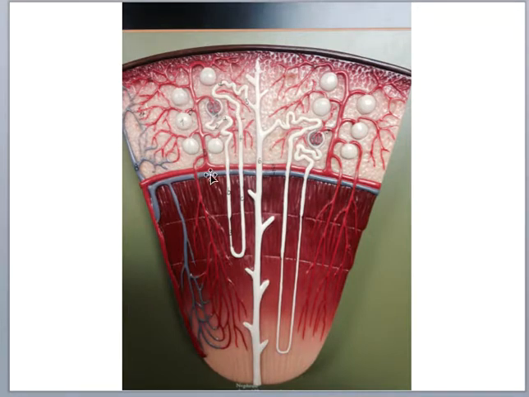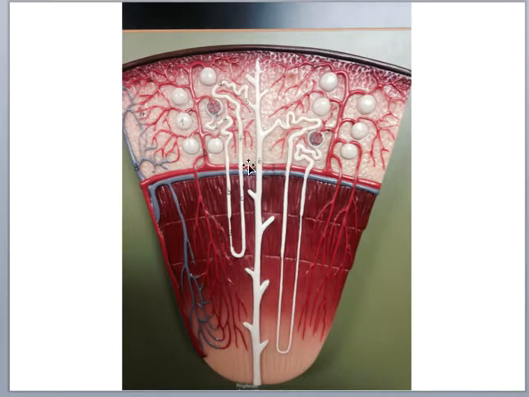You can see that this nephron would be a cortical nephron, because the majority of it is found in the cortex. Only a small portion of the loop of Henle dips a little bit down into the medulla, into the renal pyramids, whereas for this nephron, the loop of Henle dips very far down, and so this would be a juxtamedullary nephron over here.